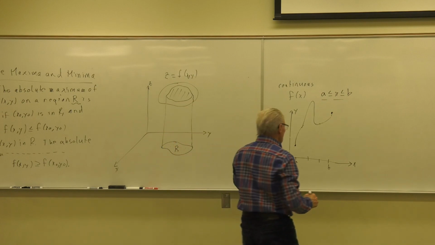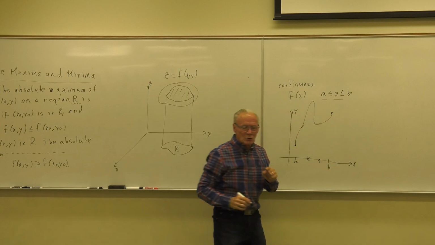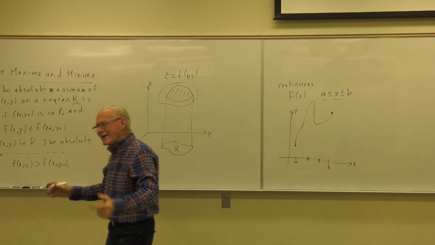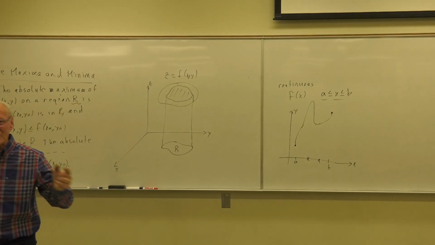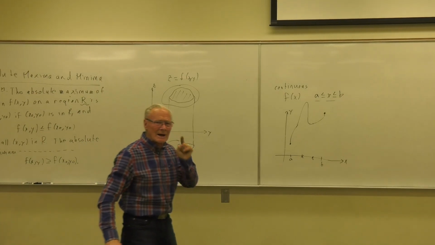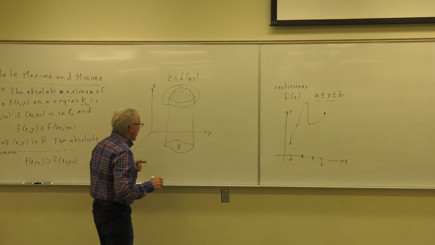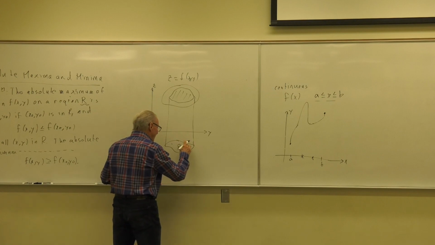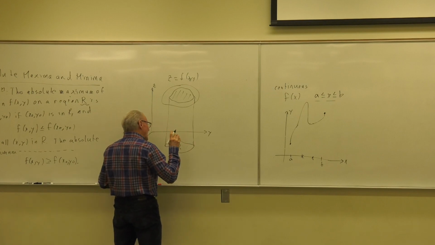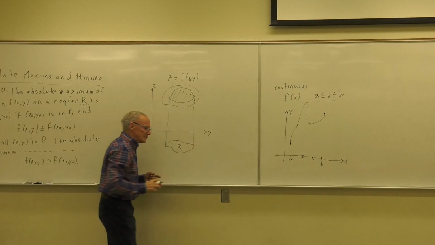And notice, very importantly, you did not have to classify those critical points. You don't classify them as relative max, relative min, points of inflection, or any of that. The procedure said, don't bother. It doesn't matter. The same thing is going to be true here. The absolute max is going to occur either at a critical point inside or along the edge.